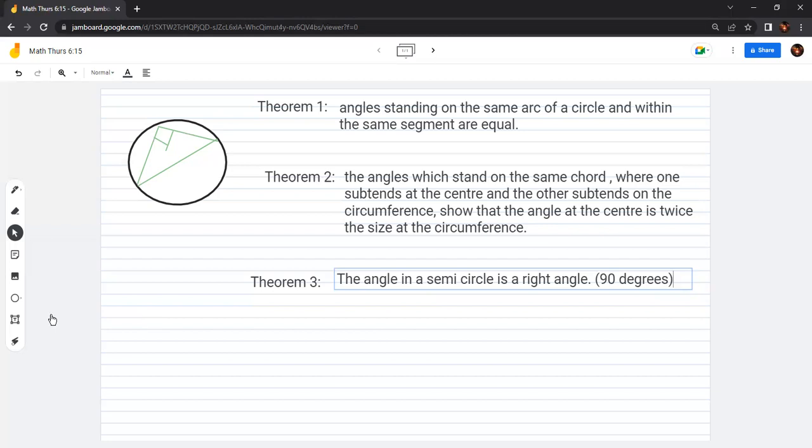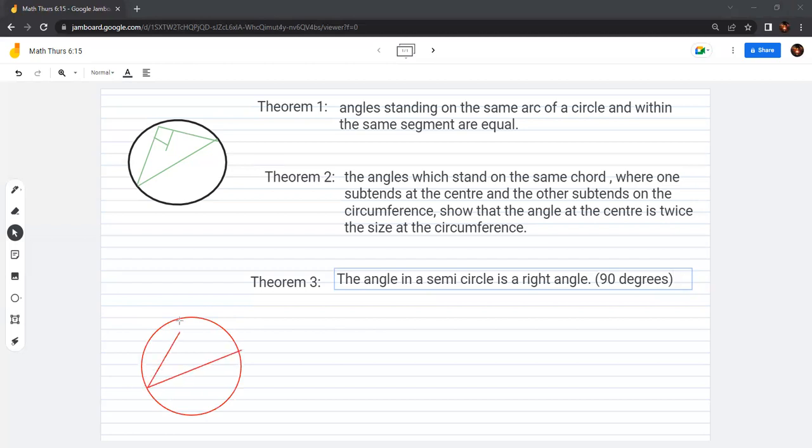Or let's see if we could try this one for me. I'll put it in another color so you can see it clearer. So you have the angle coming off of the diameter. And let's say they gave you this angle.